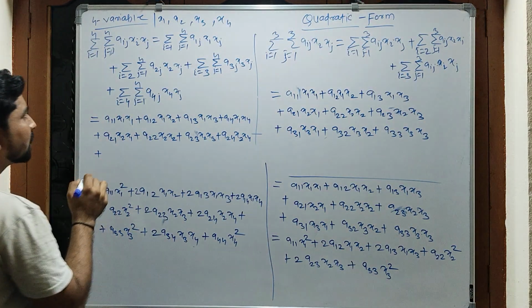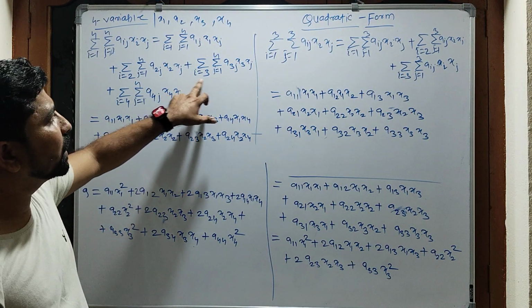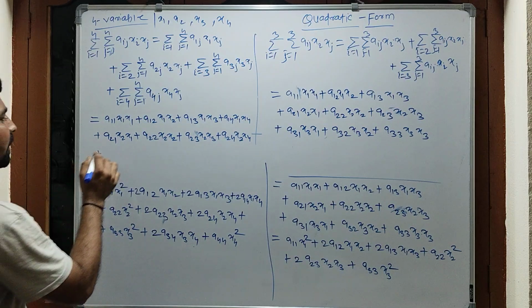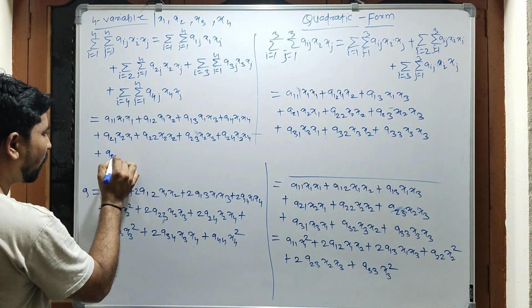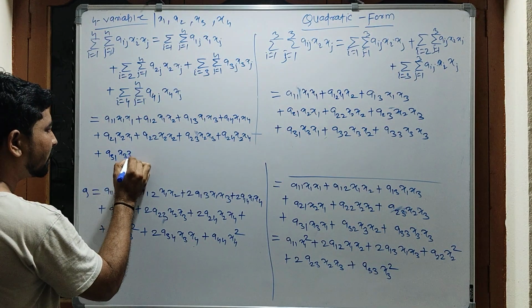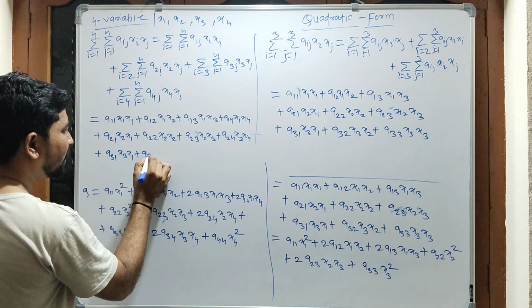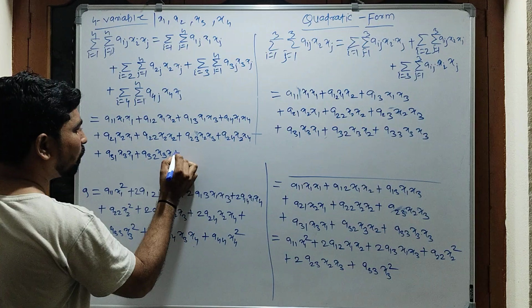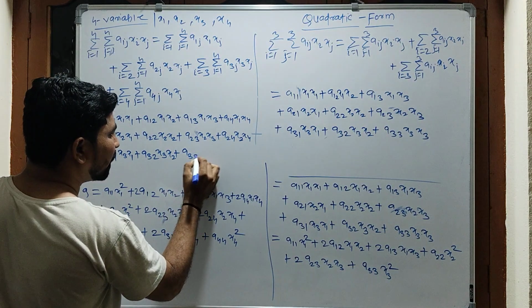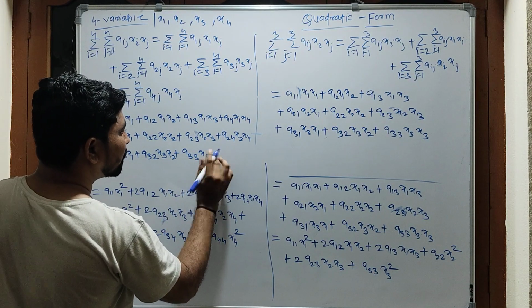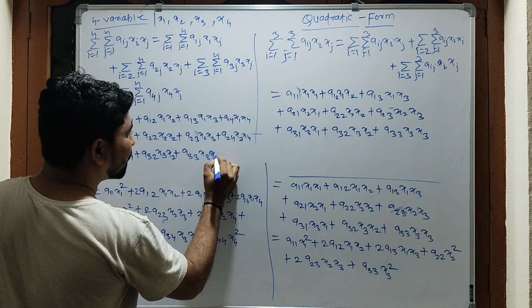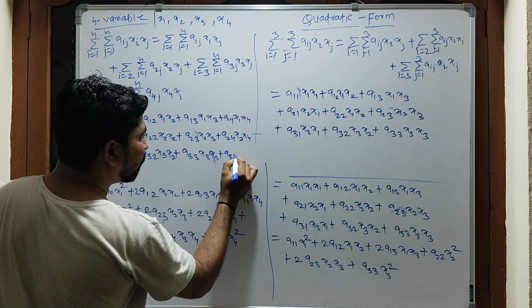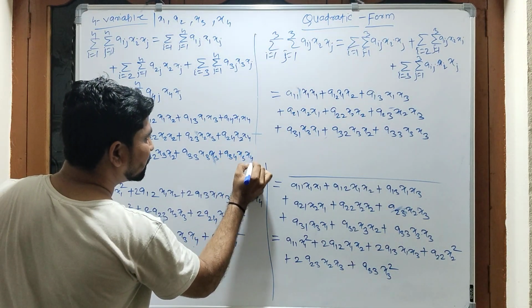Now I will write for fixed i equal to 3: a31 x3 x1, where j is 1, plus a32 x3 x2, where j is 2, plus a33 x3 x3, plus a34 x3 x4.